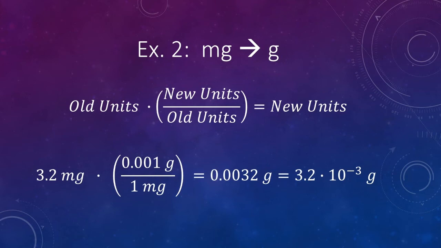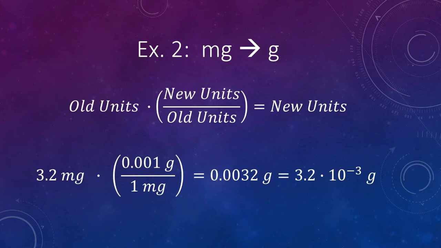So for every 1 milligram, we have 0.001 grams. And we have the grams on top because it's the new unit we want, and we have milligrams on bottom because that's the old unit we want to get rid of. And when we do that multiplication, we're left with 0.0032 grams, or in scientific notation, 3.2 times 10 to the minus 3 grams.